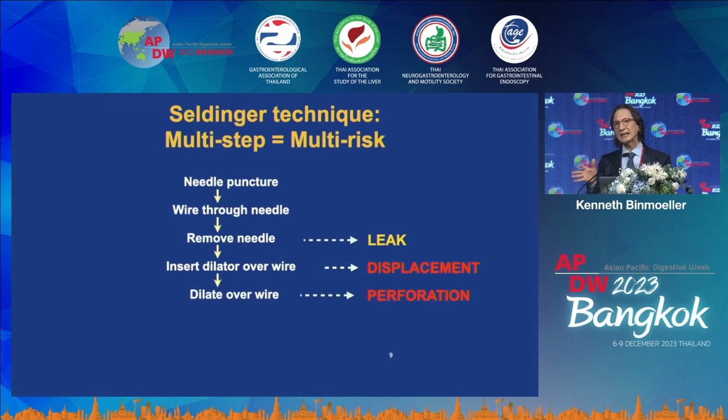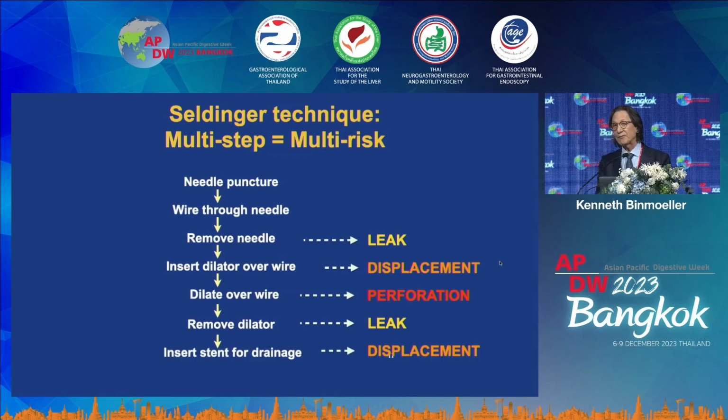When we dilate this tract over the wire, there can be perforation. And when we remove our dilator, now we've created an even bigger hole, a bigger gap between our wire and the tract diameter. Again, risk of leak. And finally, even when we place our stent, if there is non-adherence or poor adherence, then we may push the target away from the bowel wall.